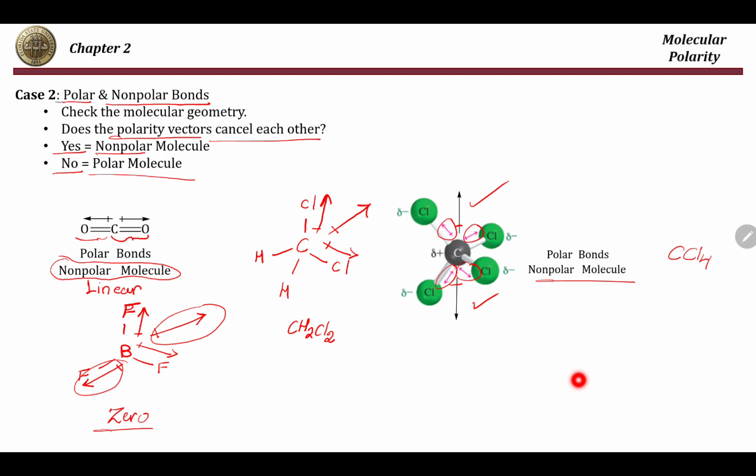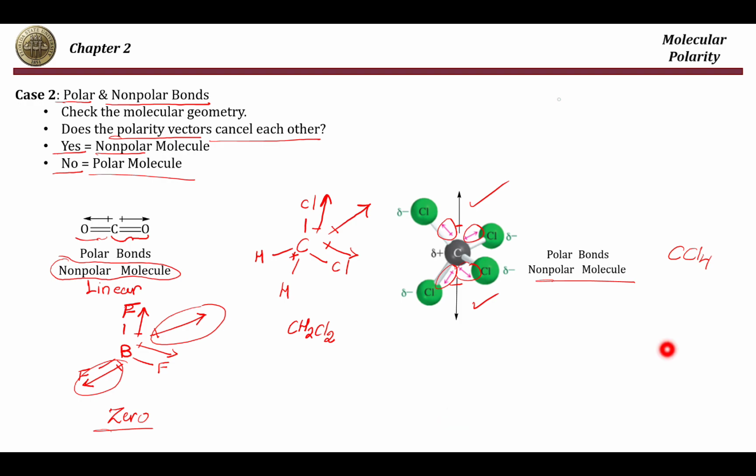It is very important to note something which may make things a little bit easier: whenever your central element is bonded to different elements, not the same element, then in most of the cases the molecule will be considered as a polar molecule.